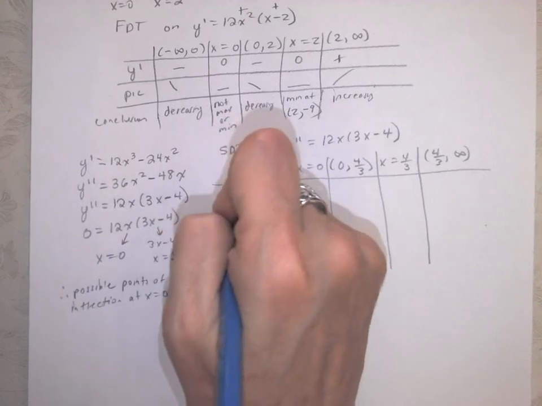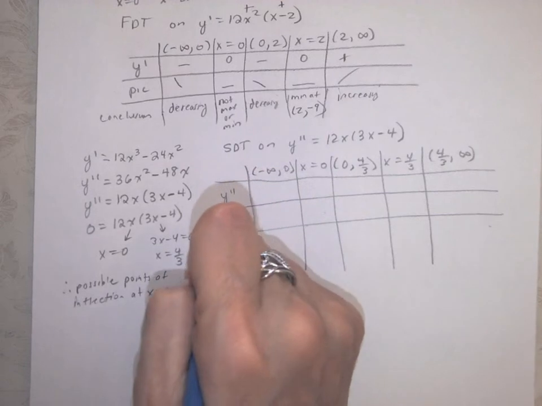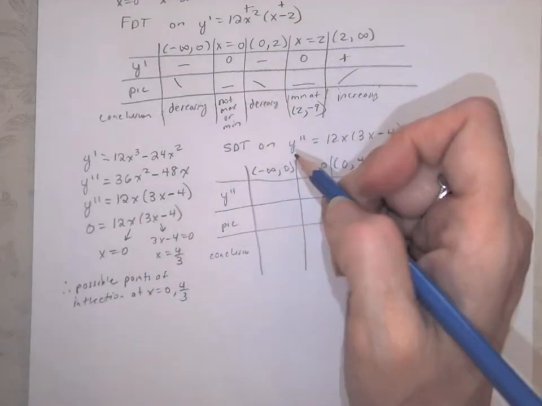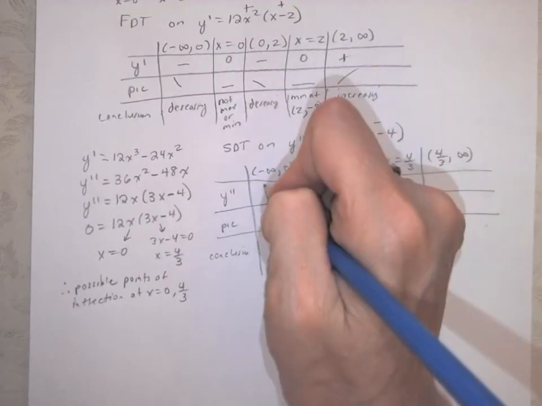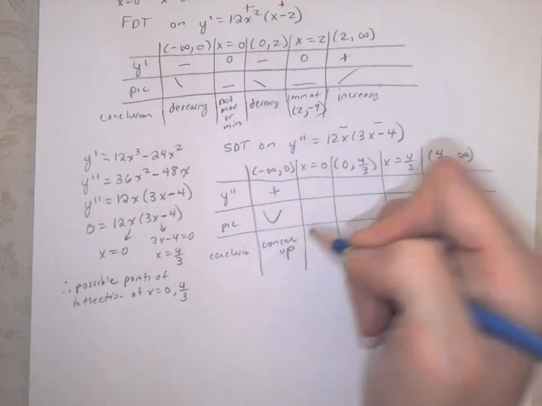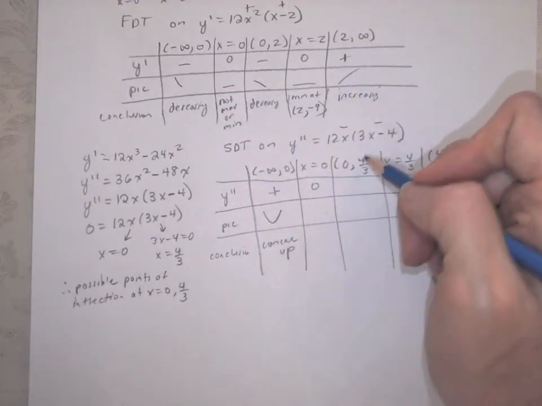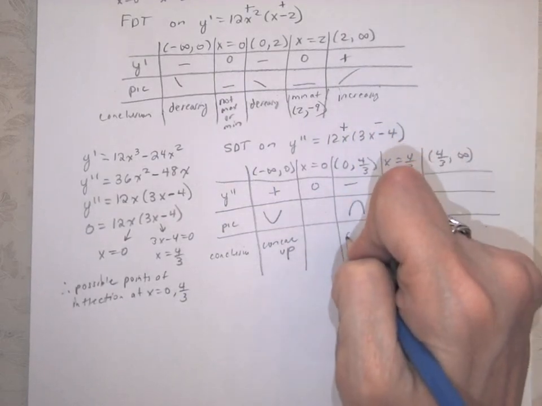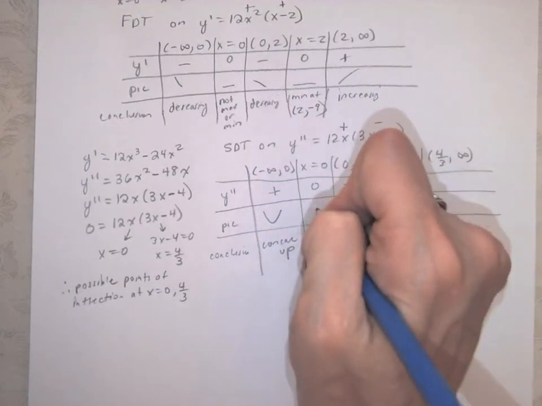And we want to know the sign of y double prime, a picture, and a conclusion. So if we pick a number like -1 in this interval, it's going to make this negative, and also this negative, so overall we'd be positive or concave up. 0 to 4/3, 1 works. So this is going to be positive and that's going to be negative, so we'll be concave down. Which means this is a point of inflection.